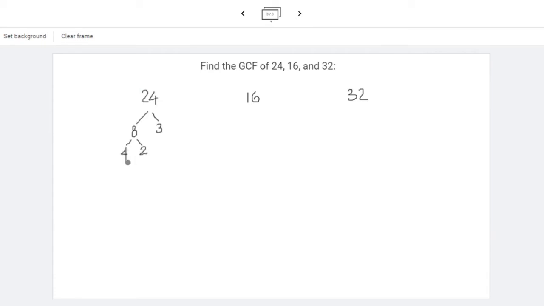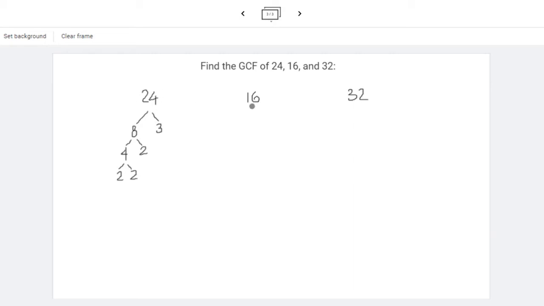We can simplify 4 further by multiplying by 2 and 2. And since we can't simplify these 2's further, we go to this 3. And we see if it can be simplified further, which it cannot. So we're done with the number 24.